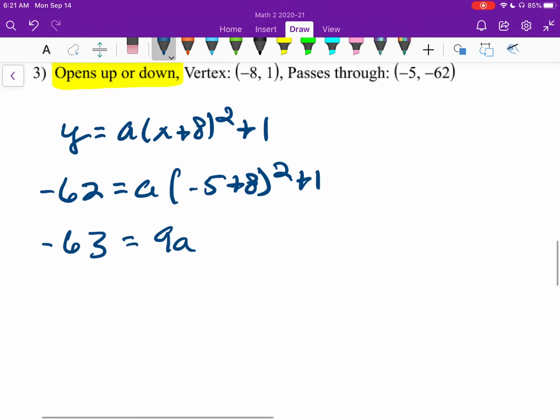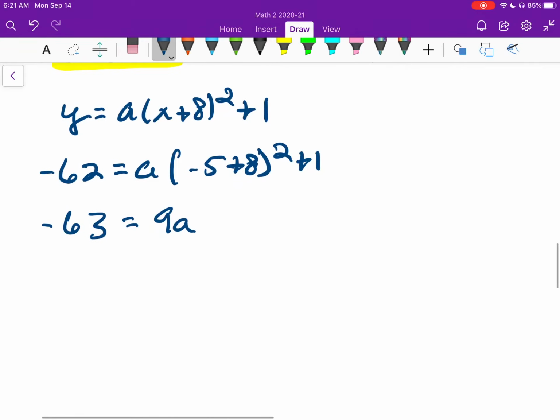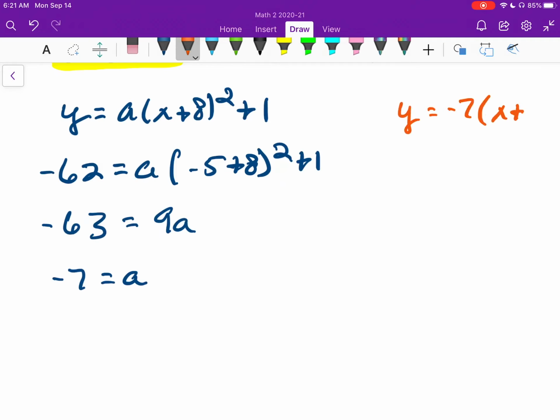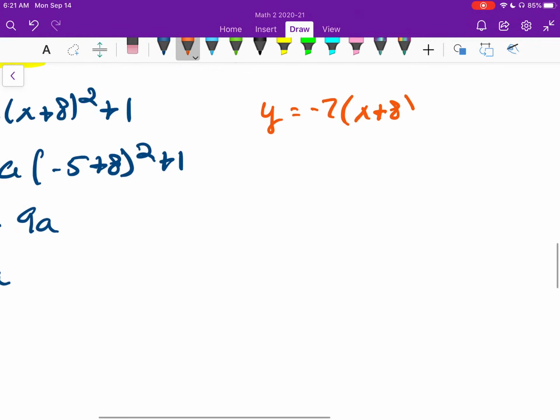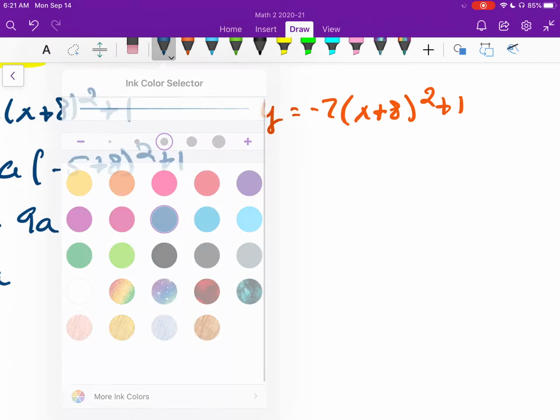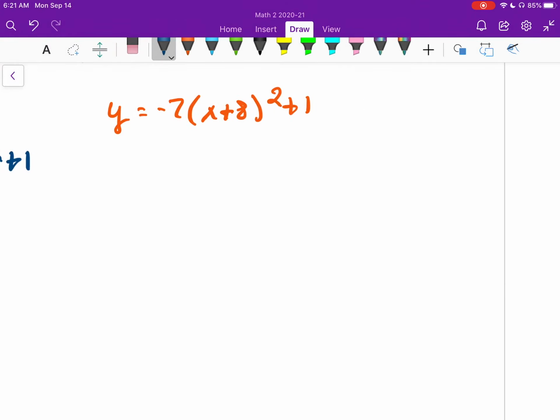Yes, it is going to be a 9a. Divide by 9, and I believe this is going to be negative 7. So what we've got here is y equals negative 7(x plus 8) squared plus 1 at the end.